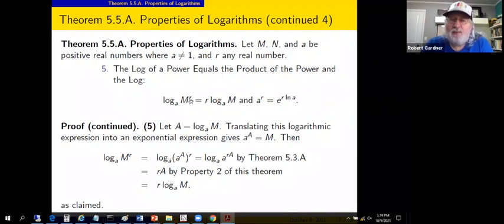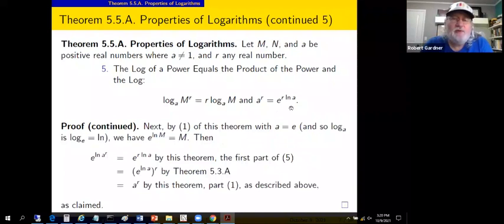So exponents inside log functions come out front as coefficients. The book words it as the log of a power equals the product of the power and the log. Yeah, the power r comes out front and becomes part of a product. And there's one more. We also want to prove this extra little piece over here, so let's do that next.